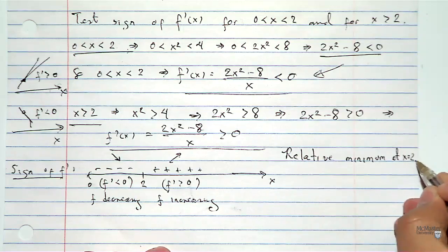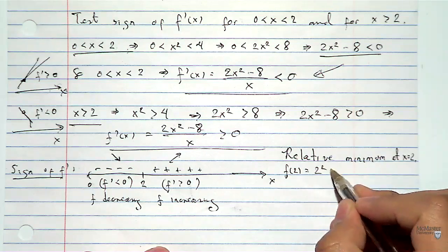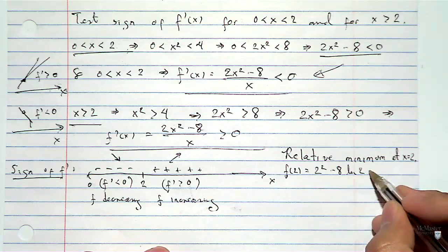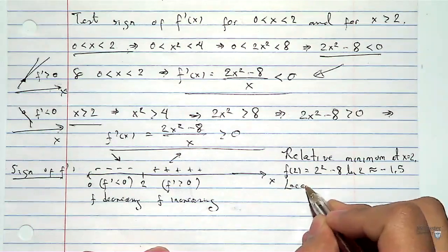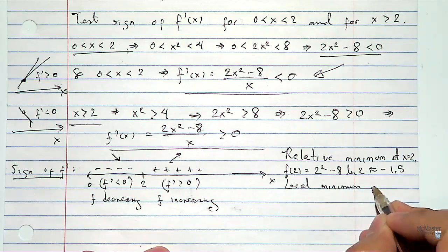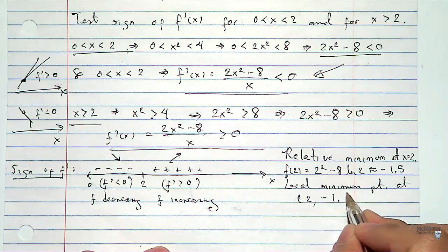at x equal 2. Then if I have f of 2 equal to 2 squared minus 8 natural log of 2, so I'm evaluating the function at 2, I have approximately minus 1.5. So there is a local minimum point at 2, minus 1.5.